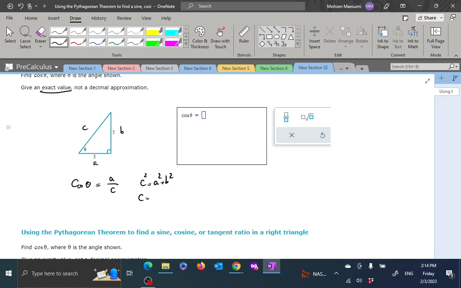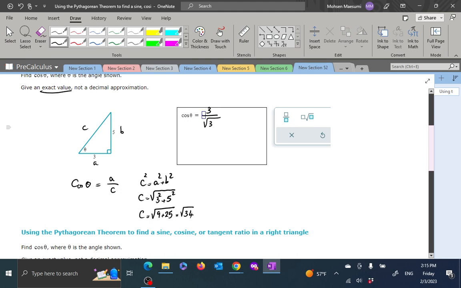So C is equal to square root of, A is 3 and B is 5, so C is equal to square root of 9 plus 25, and that is 34. So cosine is going to be the ratio, A is 3, and C is square root of 34.